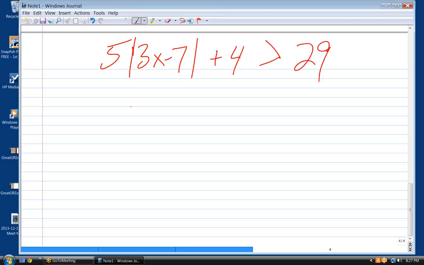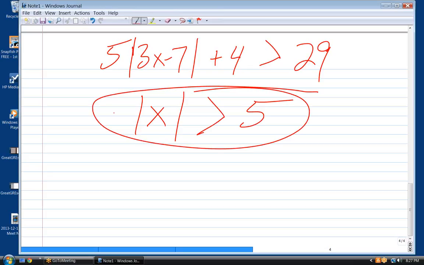Okay. Let's talk about absolute values and inequalities. What does that mean? It means one thing or another. First thing it means is always if you just drop the absolute value signs, you get that.